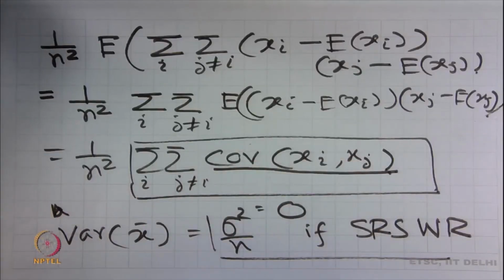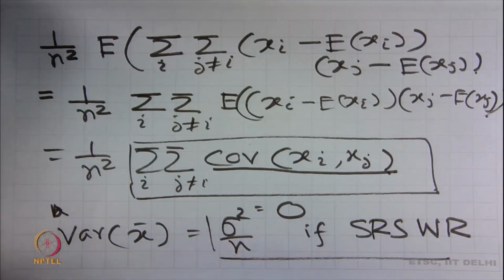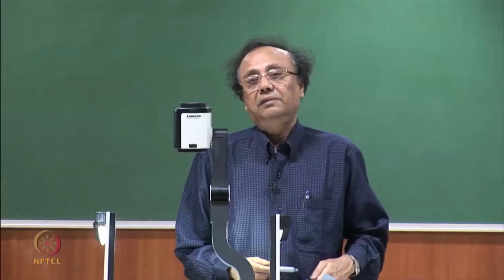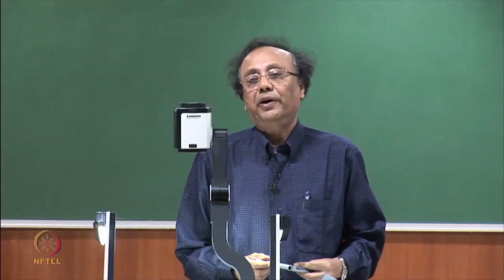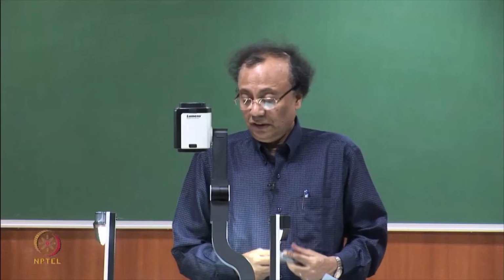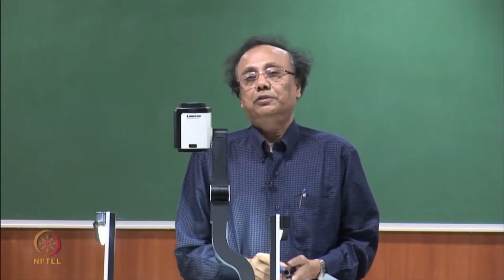Therefore, the variance of x bar will not be sigma square by n, rather it has to be adjusted by a quantity. In the next class, I will start with this point and then I will go further with sampling distribution.